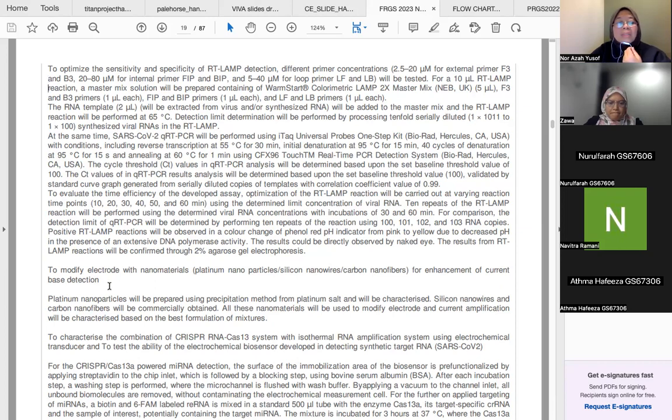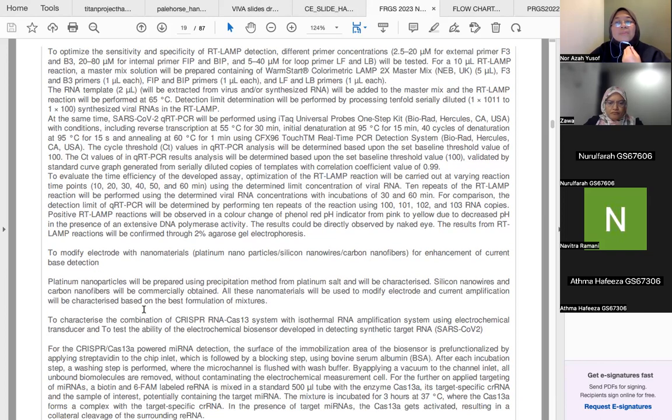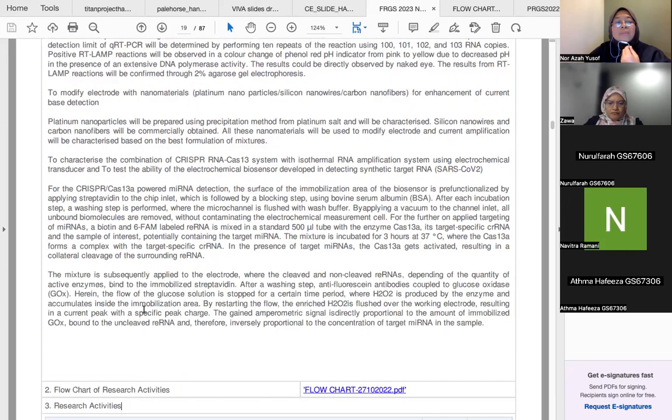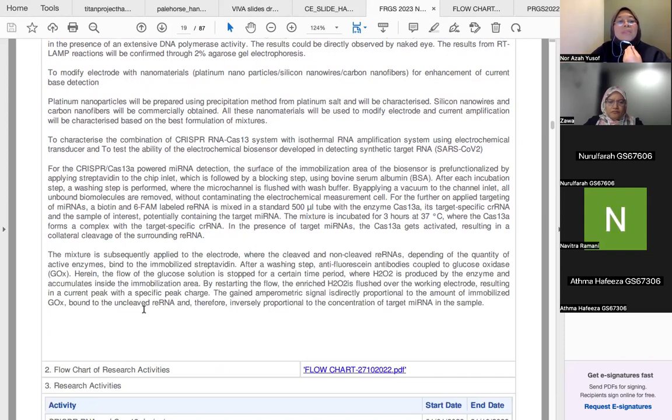This section covers the protocols or the method under the third objective. And then it should be the rest. I think we have covered all.